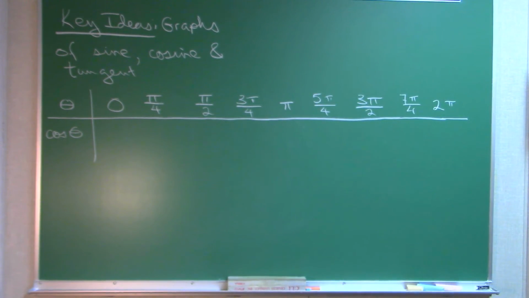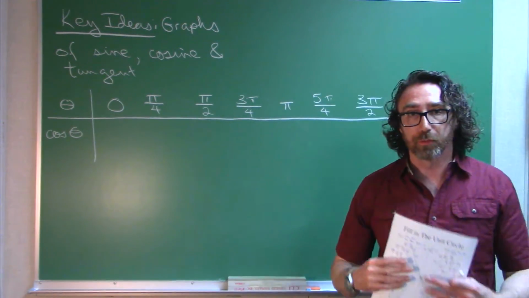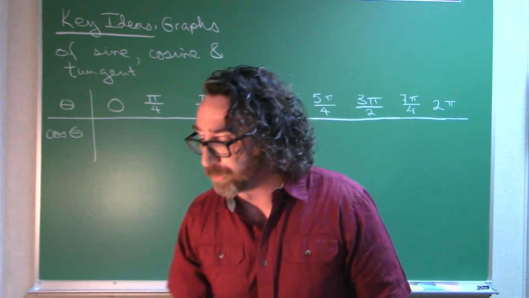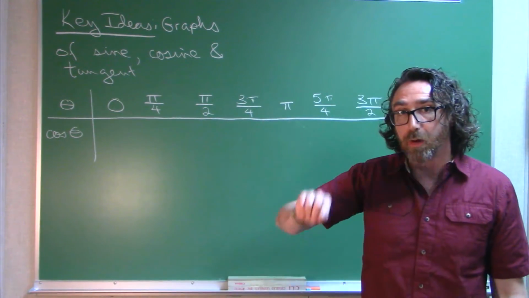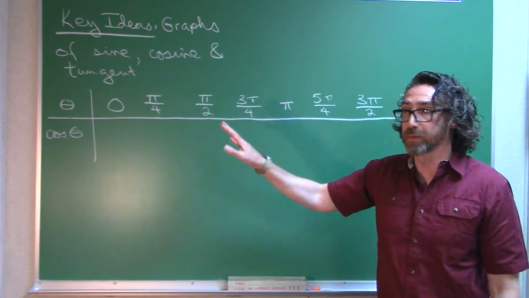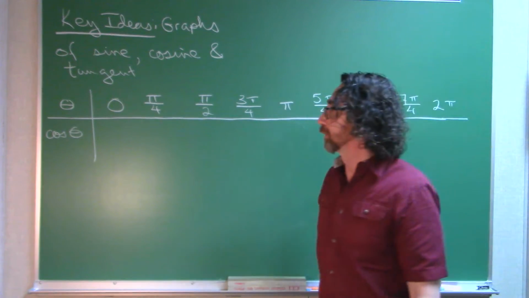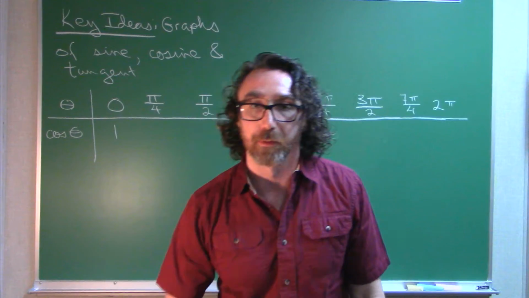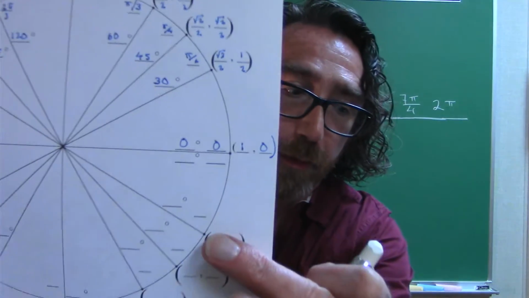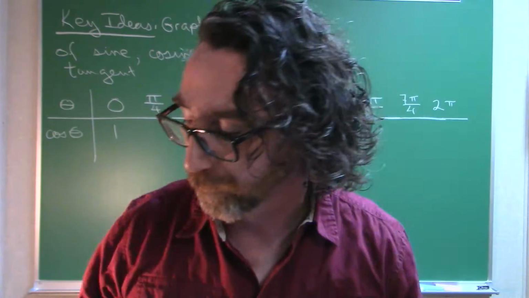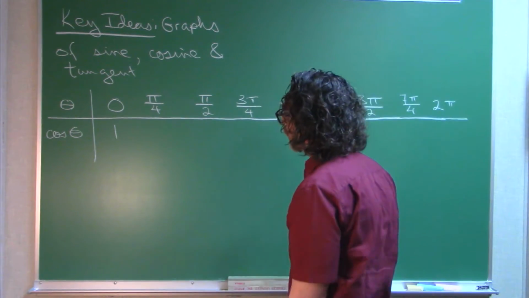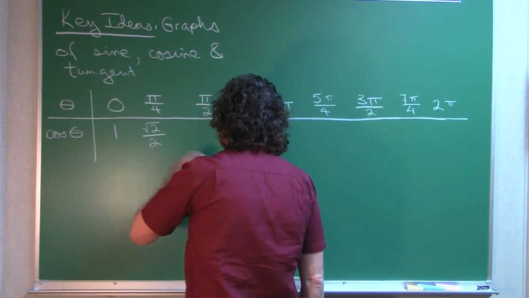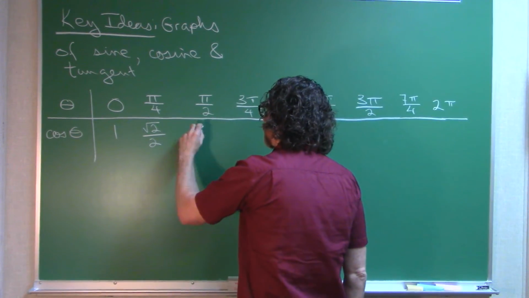Now, using that unit circle model that we discussed before, we can read off the value of cosine for these various angles. Cosine of 0 is 1. We can see it on the unit circle right there. Then root 2 over 2, 0.